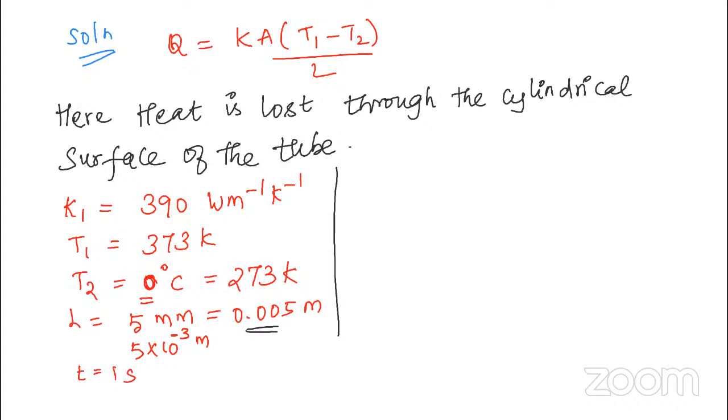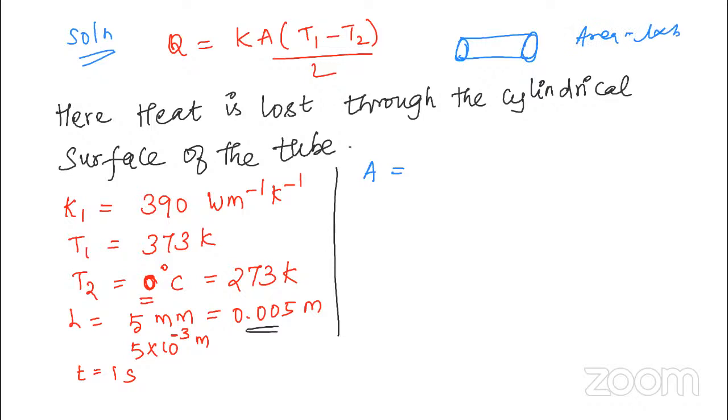In the formula, all our required quantities are there. Then what is the remaining thing? That is the area. So it is the cylindrical tube. Area is length into breadth.